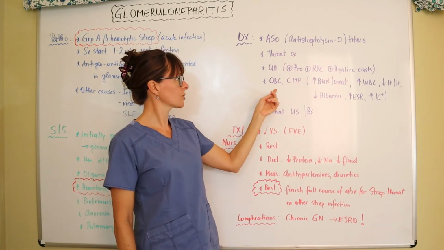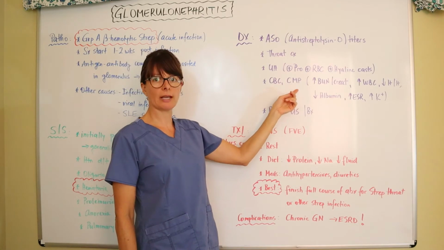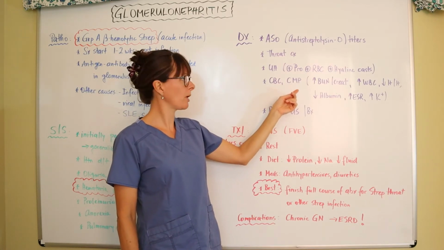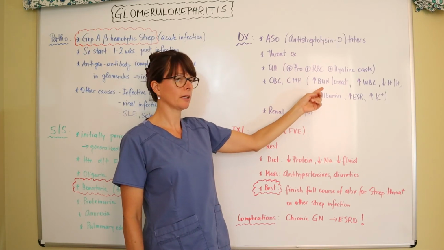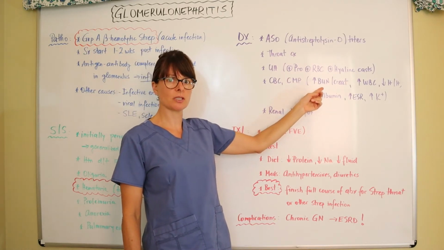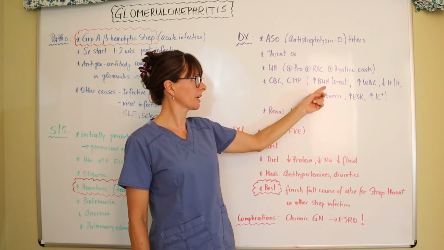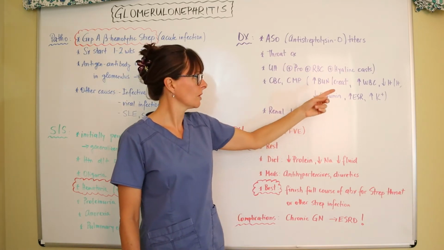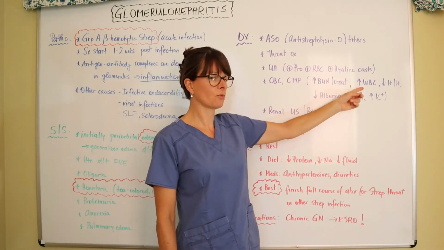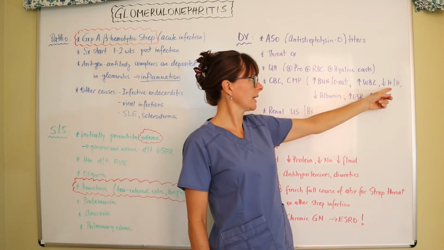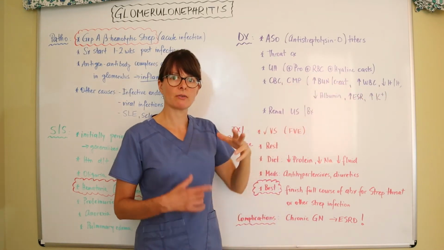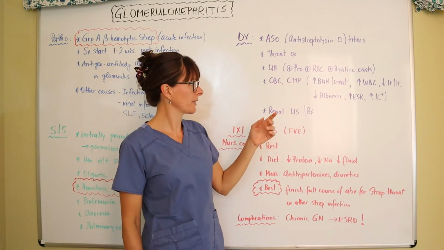And then we're going to want to check a complete blood count and a comprehensive metabolic panel that most likely will show that the BUN and creatinine are increased as the filtration decreases and the kidney takes a toll. And then there will be some signs of inflammation or infection with an elevation in white count. H&H can be low because whenever the kidney is affected, that can be something that happens.